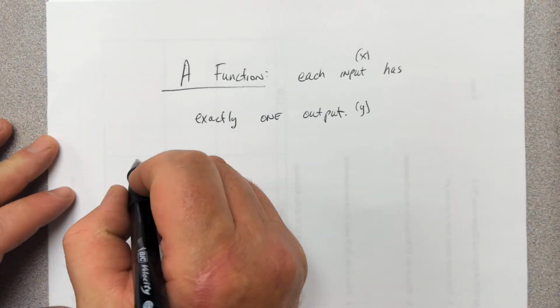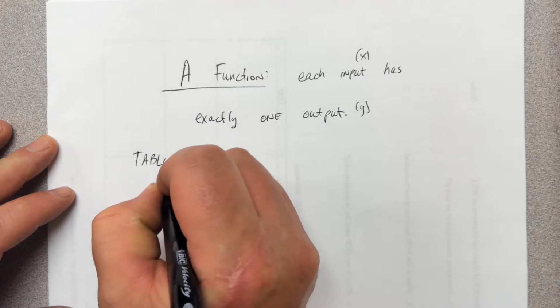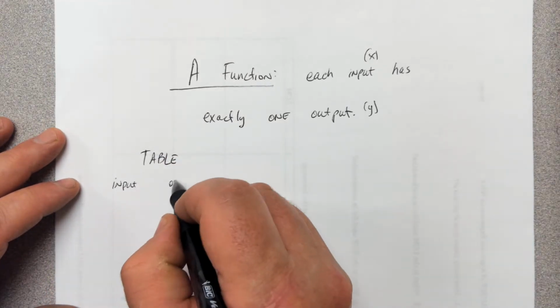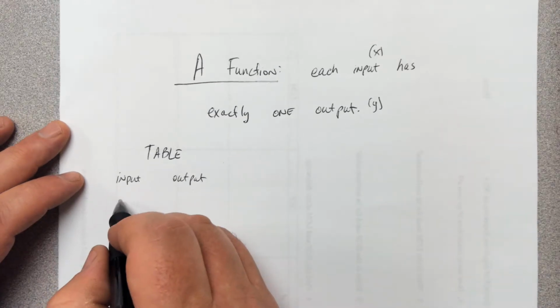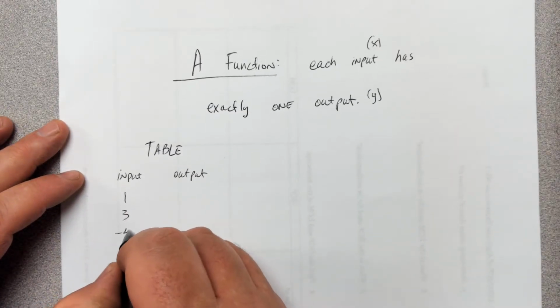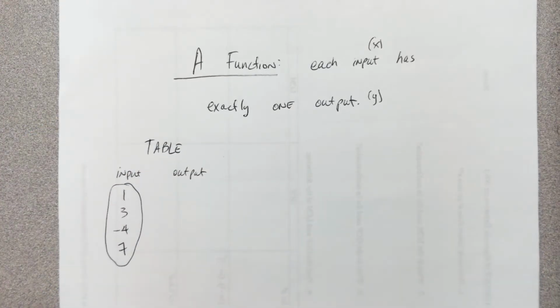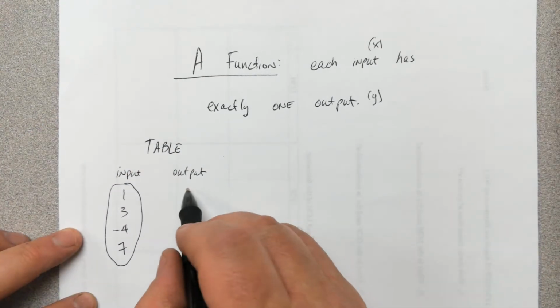So sometimes you see stuff like this. Here's our set of inputs, right? Here's our outputs.